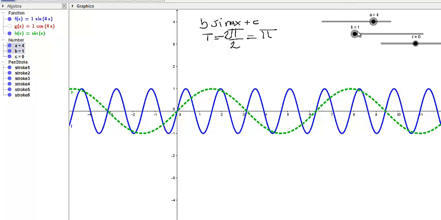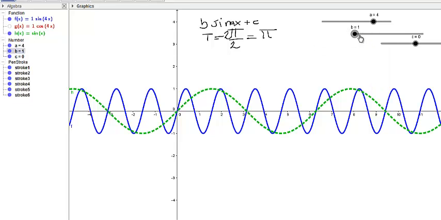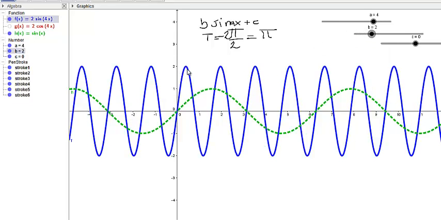What about b and c? When you increase the value of b, you are going to enlarge the figure. Here, it's going to be like this. As you see, the same graph moves 2 up and 2 down, so we enlarged that on the y-axis.